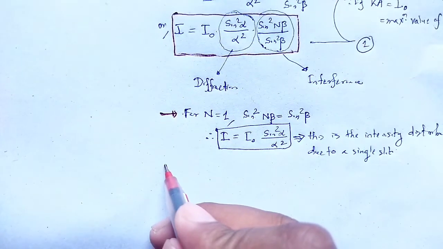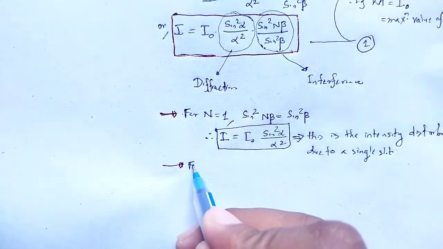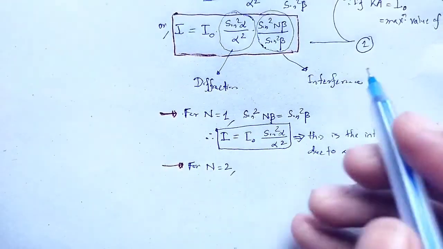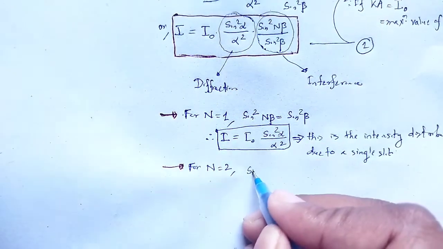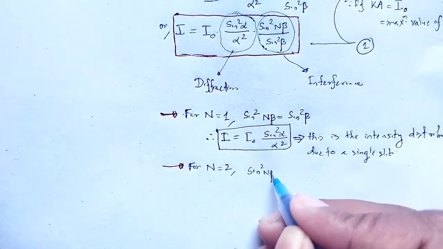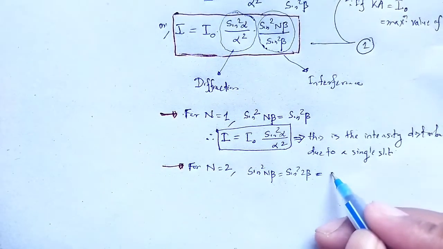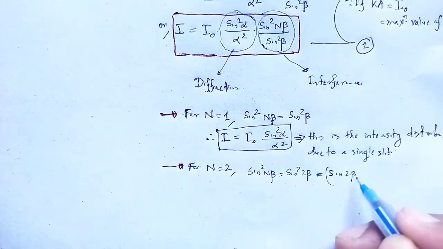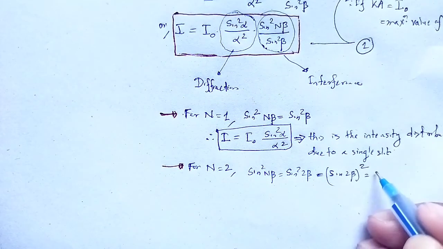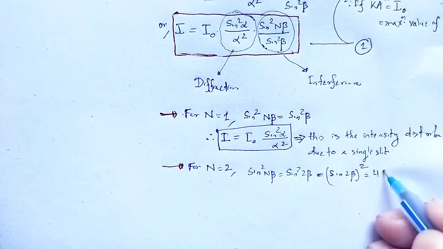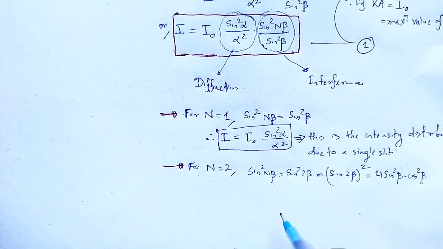Next, let me prefer n is equal to 2. For n is equal to 2, sin square n beta is equal to sin square 2 beta, that can be written as sin 2 beta whole square, and sin of 2 beta is equal to 2 sin a into cos a. So, 4 sin square beta into cos square beta.